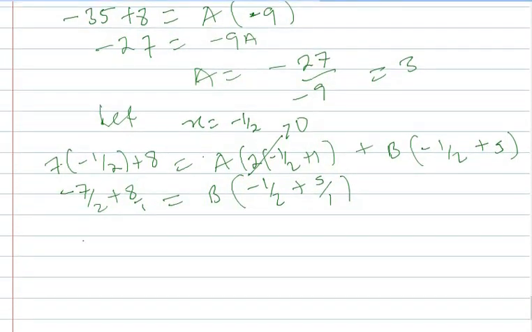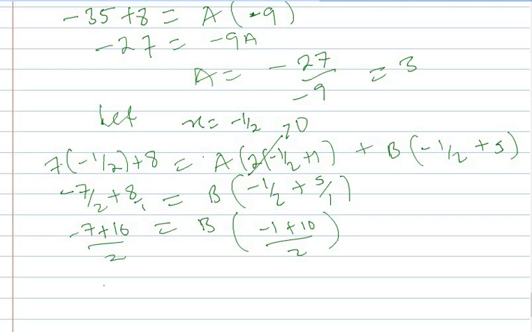By taking 2 as the LCM, we have minus 7, and 2 times 8 is 16, is equal to B into 2 as LCM, then minus 1 plus 10.